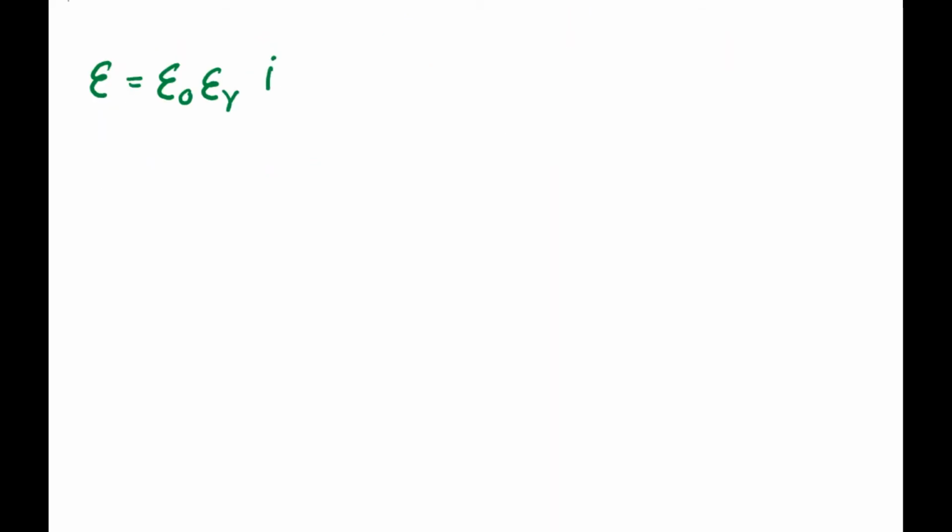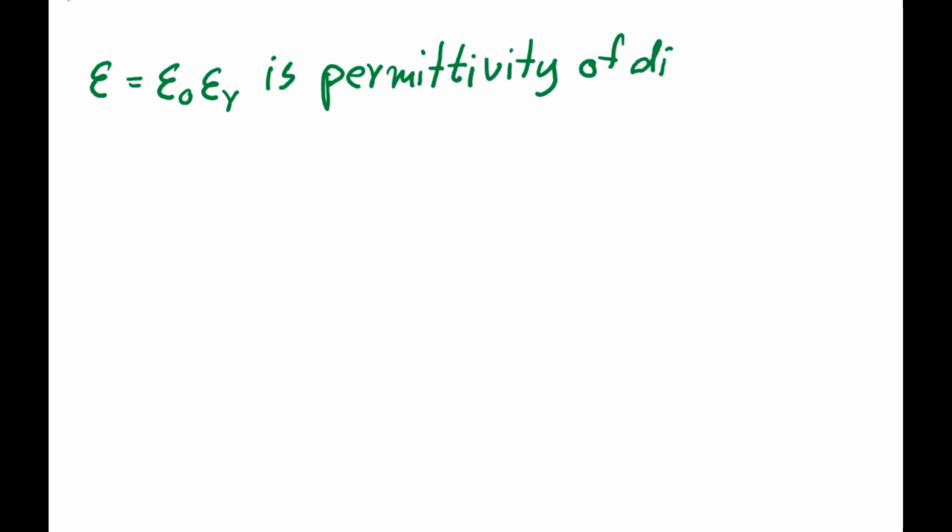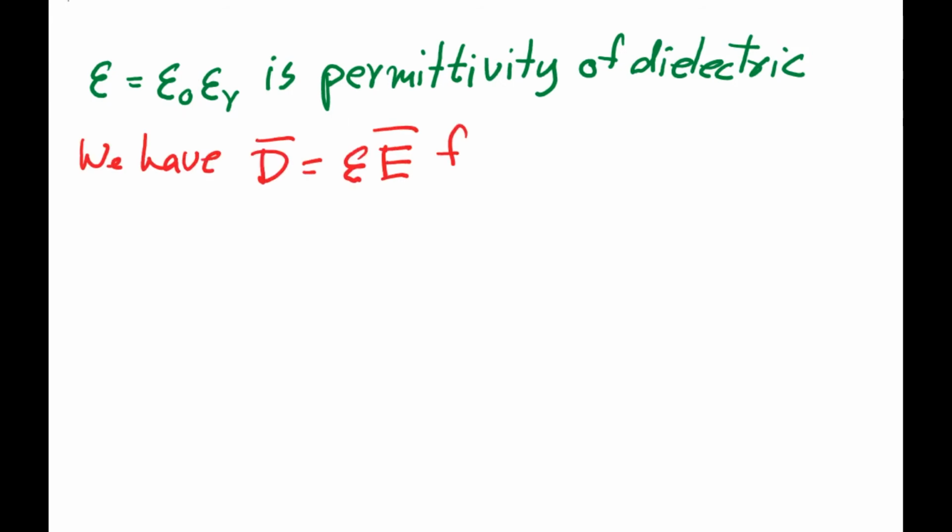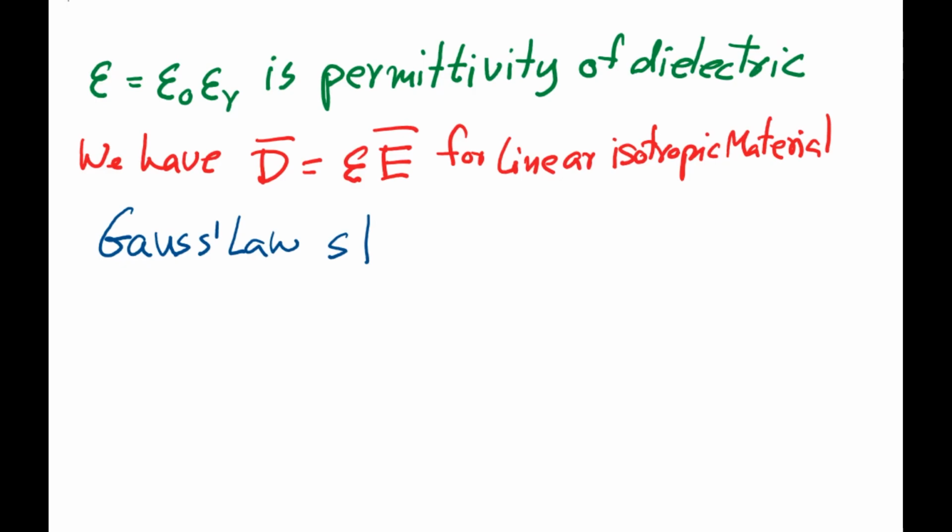The epsilon with no subscript is used as the permittivity of a material, which includes relative and free space permittivity. It reduces to a simple form of the relation between D and E for linear isotropic material. Gauss' law still holds.